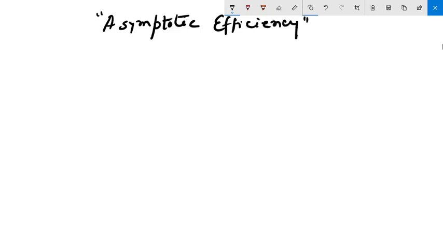As I told earlier, the literal meaning of asymptote is not considered here. This is an algorithmic term. The meaning is that when the input is large, that time only we consider this asymptotic term.